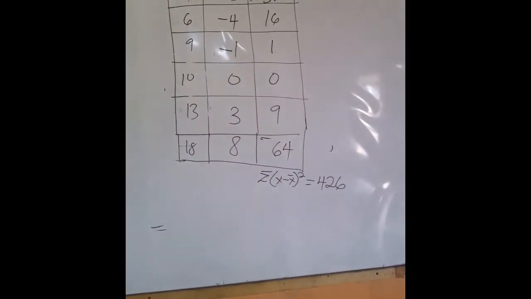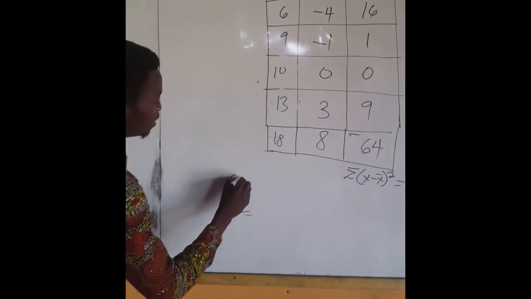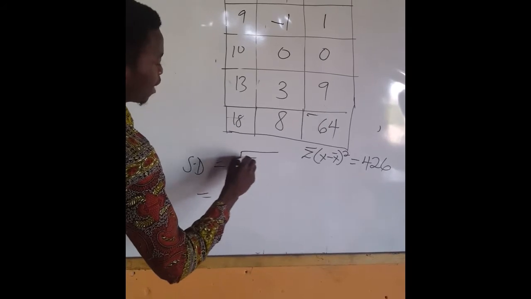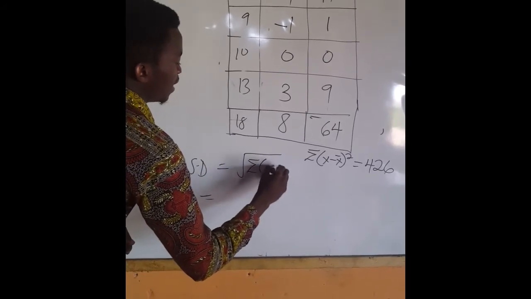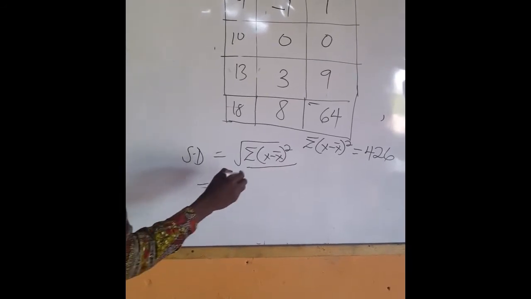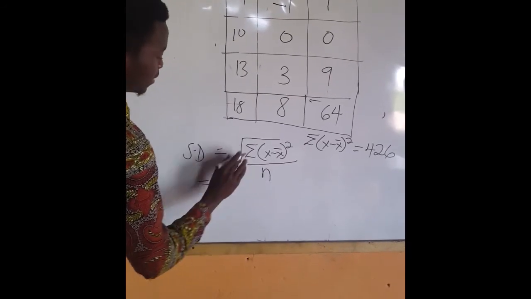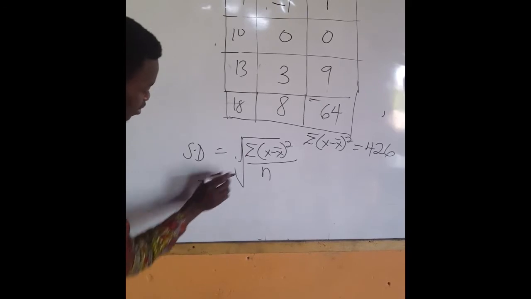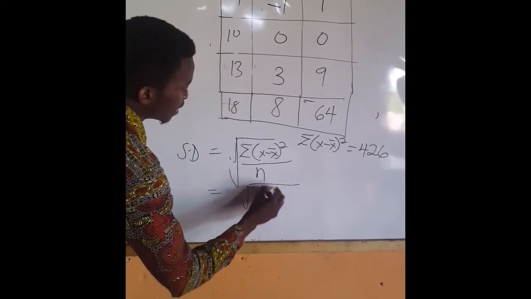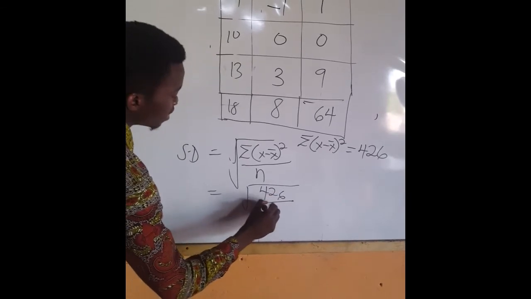Now let's move on to the standard deviation. So standard deviation is going to give us the root of summation x minus x bar squared all over n. So this is going to give us the root of 426 divided by 10.